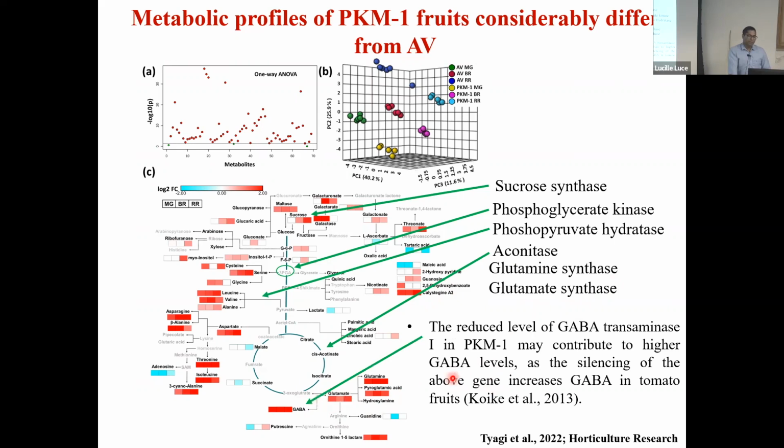We also found a very low level of GABA transaminase. It has been reported that silencing of GABA transaminase increases the GABA level in tomato fruit. So in our case, the low level of GABA transaminase may be responsible for the high level of GABA.